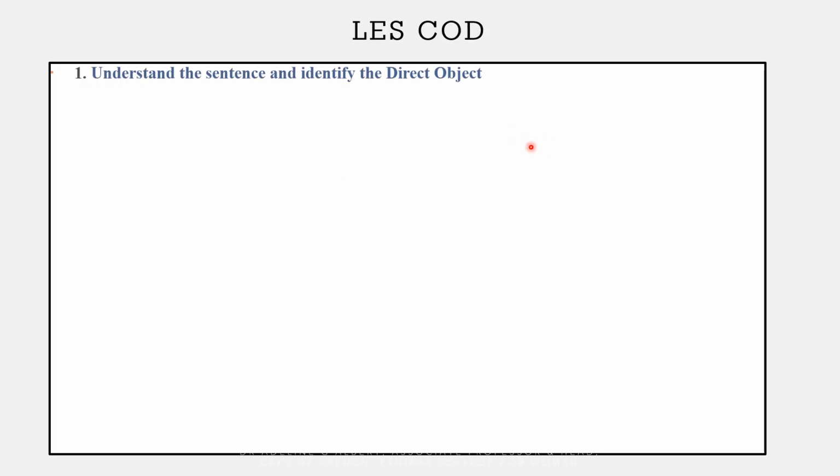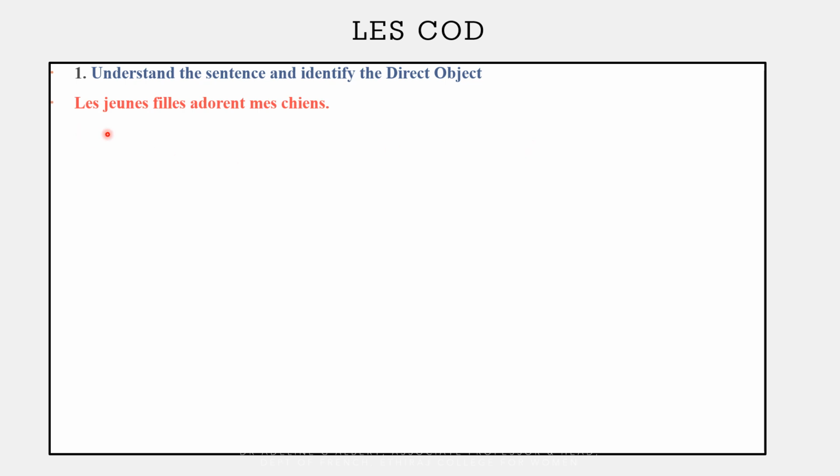Let's revise. Understand the sentence. You have to know the meanings. If you do not know the meanings, it will be tough. You're now in the second semester, it's high time you start memorizing meanings. So understand the sentence, identify the subject, identify the action word, identify the object, and find out whether it's direct or indirect.